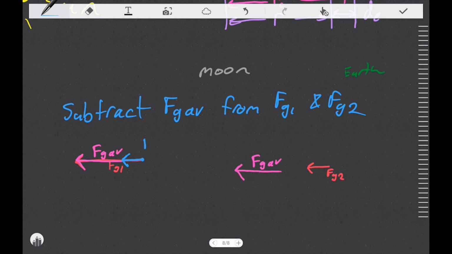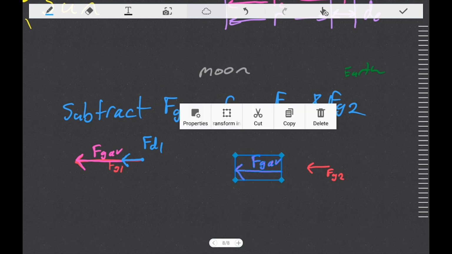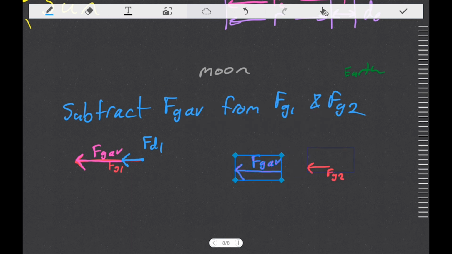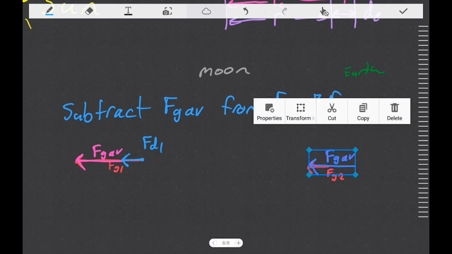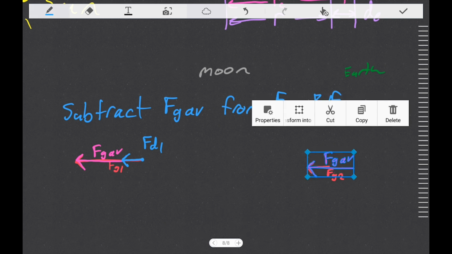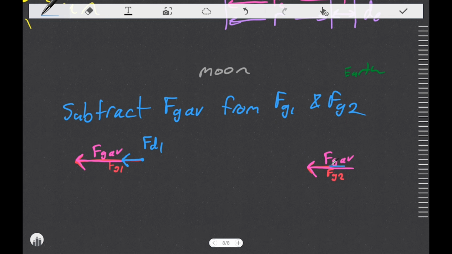We'll call that one FD1. We'll repeat the process here for FG2 and F average, tip to tip. And we'll notice in this case that from the tail of the first vector to the tail of the second vector, we end up with FD2 pointing in the negative direction.